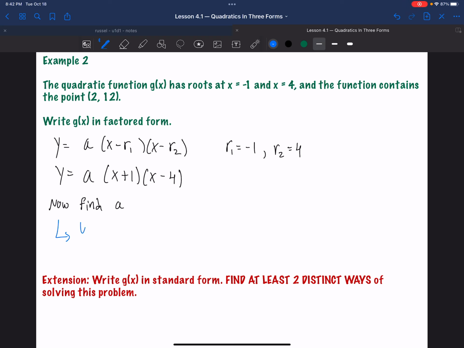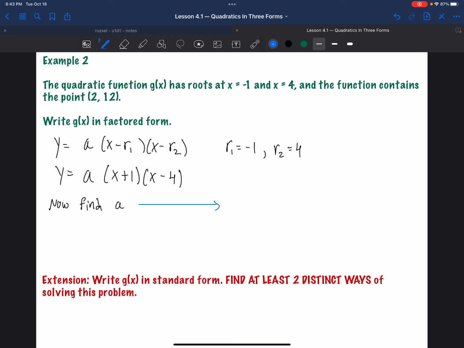So, use x, y equals 2, 12. And this generates 12 equals a times 2 plus 1. You know what? Hold up. I want to make this prettier.